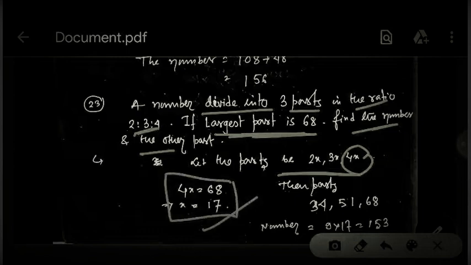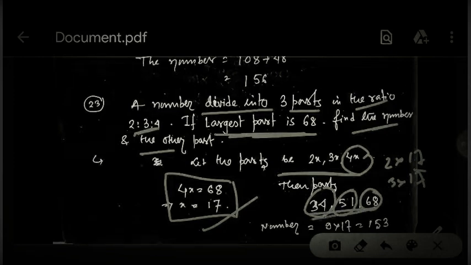Now the other parts: with x equal to 17, 2 into 17 gives you 34, and 3 into 17 gives you 51, and 68 is given. To find the number, you can add these three, 34, 51 and 68.